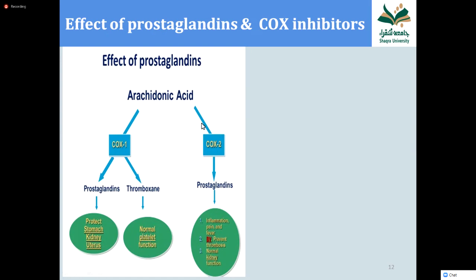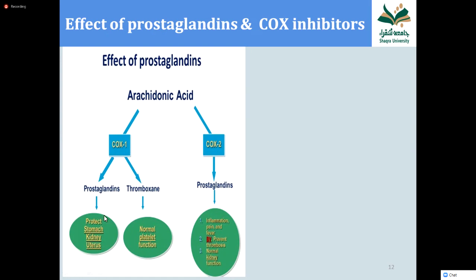If arachidonic acid is acted upon by COX-2, it forms prostaglandins, which produce inflammation, pain, and fever. It may prevent thrombosis, and it protects normal kidney functions.